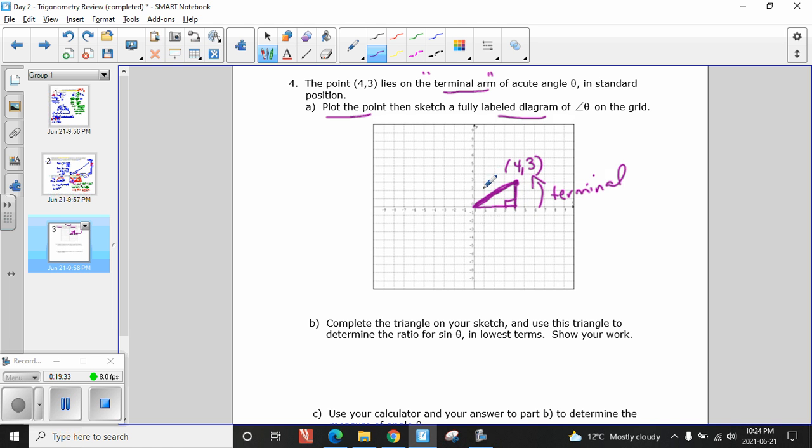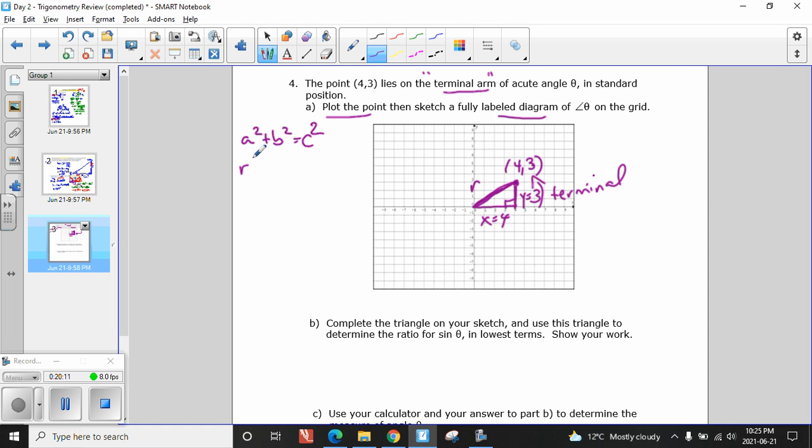And we actually know the side lengths. This is 4 units over because x is 4. This side length is 3 because the point here is at y equals 3. And we can figure out the hypotenuse, and maybe you remember that we were calling it r back in cycle 2. So I don't know that length yet, but we can find it using the Pythagorean theorem. a squared plus b squared equals c squared, or the reverse, c squared equals a squared plus b squared.